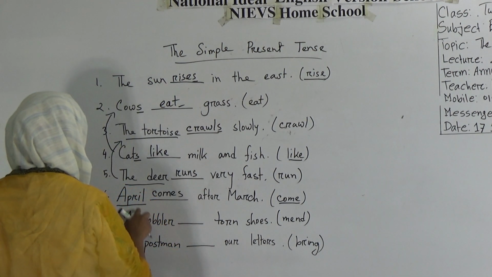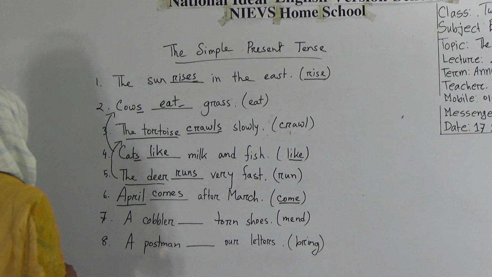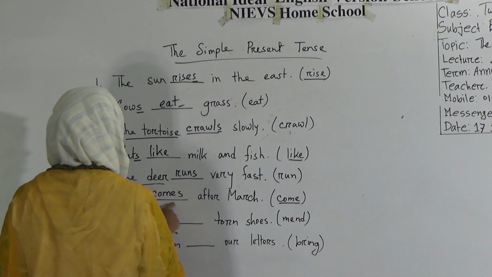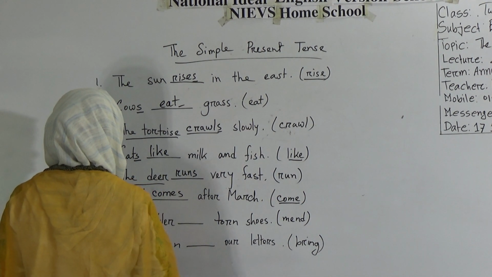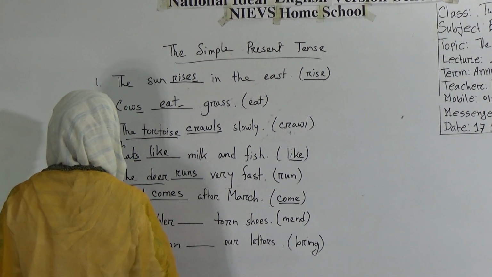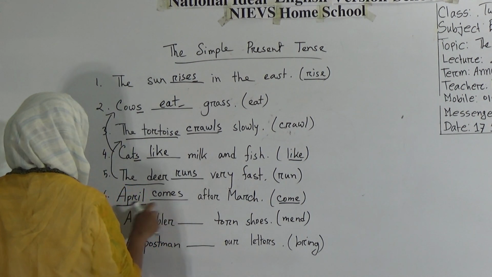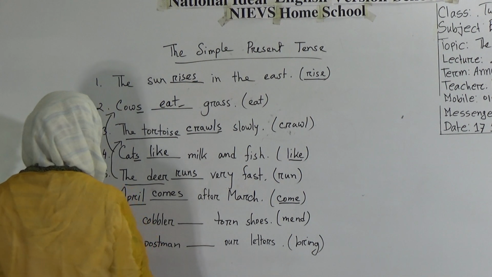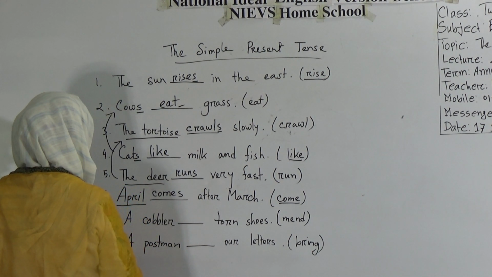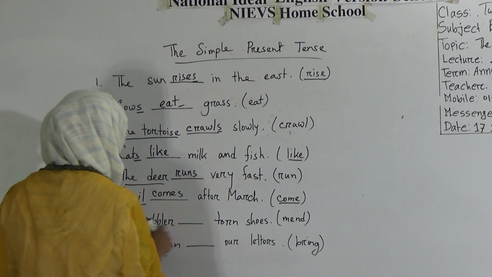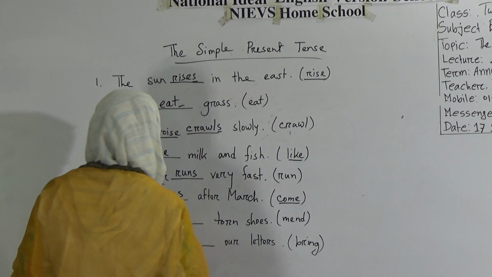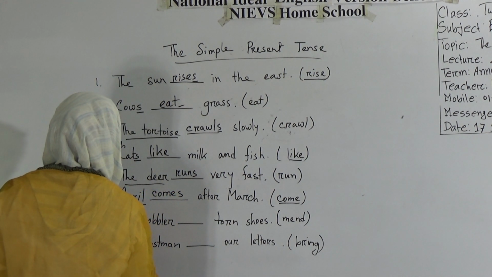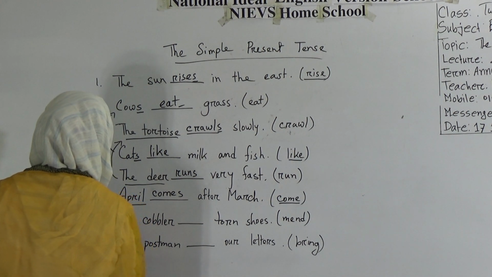We know from the rules that when we get a singular noun or pronoun in the simple present tense, we add s or es with the action word. April comes after March. Then number 7, a cobbler dash torn shoes. A cobbler, you can see here, a means singular.